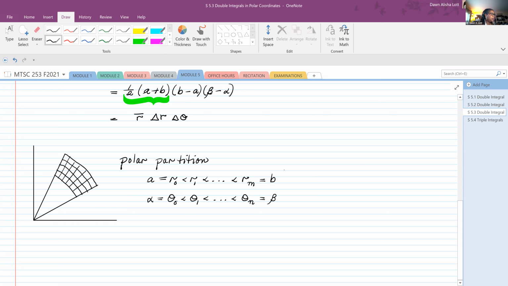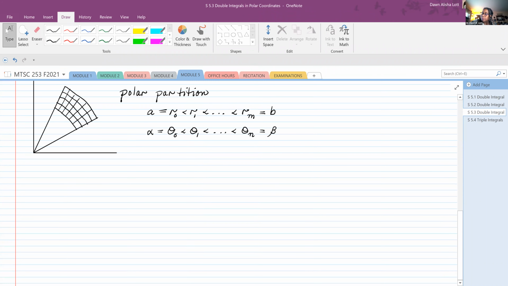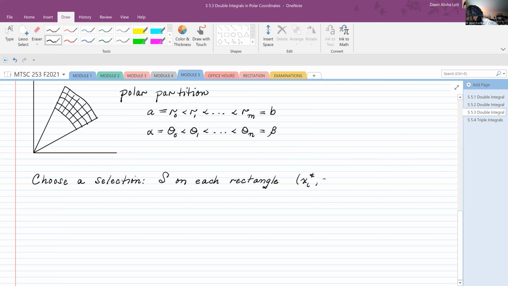So I separate this partition into these smaller pieces. So now I'm going to choose a selection. And my selection S is on each rectangle I'm going to choose an xi star and a yi star, just like we did before.